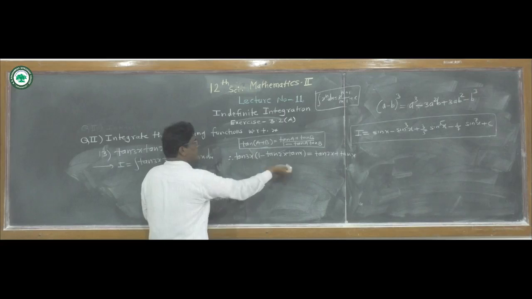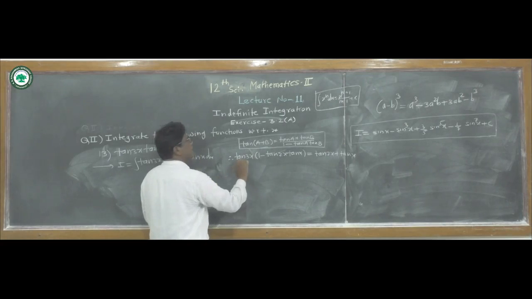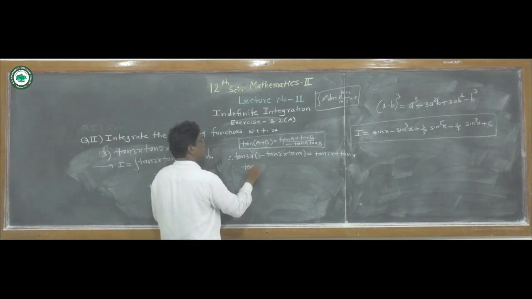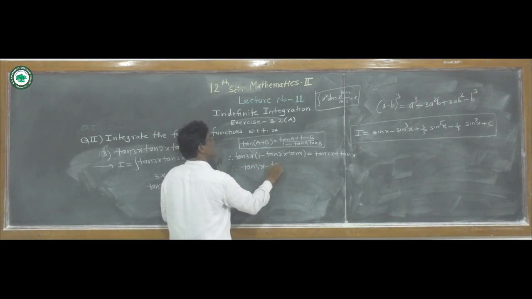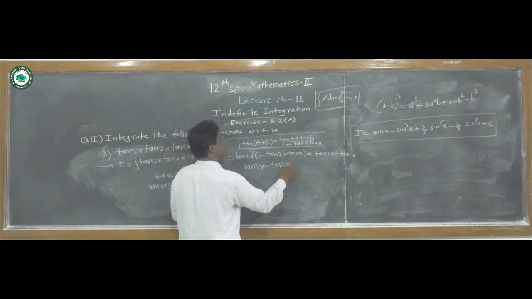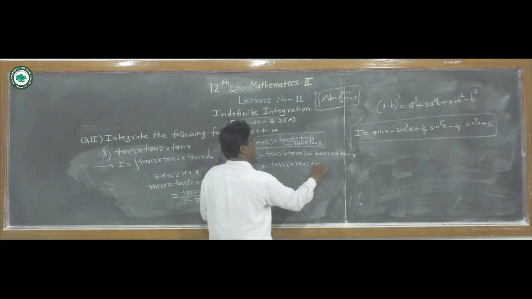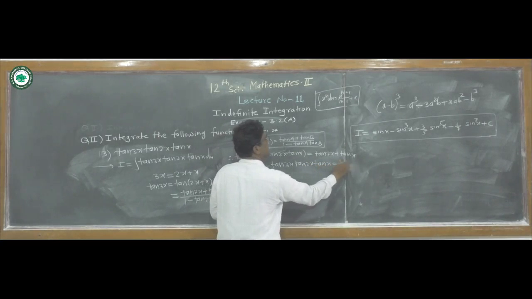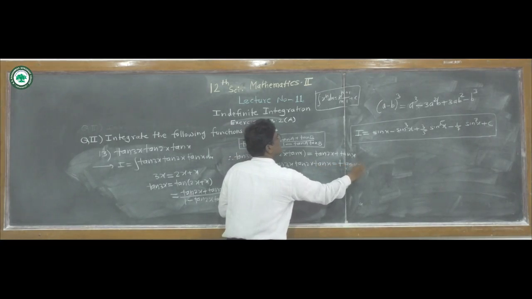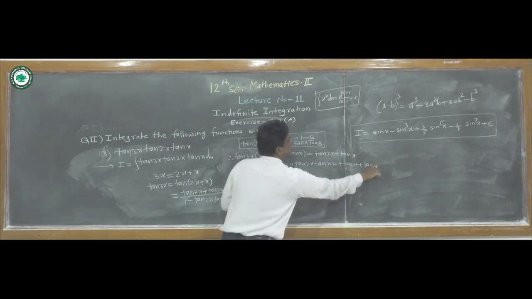Now multiply by tan of 3x inside the bracket. Tan of 3x into 1, that is tan of 3x, minus this tan of 3x into this tan 2x into this tan x, is equal to the right hand side, tan of 2x plus tan x.